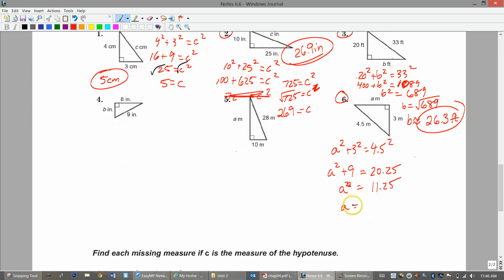Right, square root both sides, a equals what? 3.35 meters.